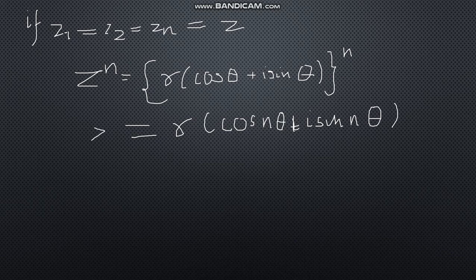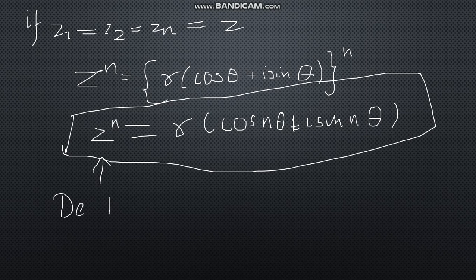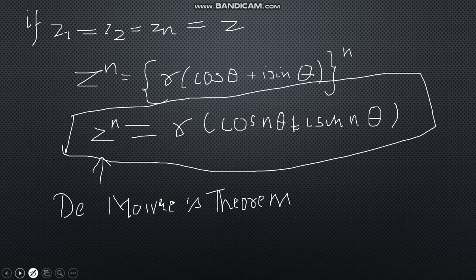Going to the next part, we will discuss roots of complex numbers. For finding roots, let us put the value of n as 1 by n in de Moivre's theorem, the form which we just read.